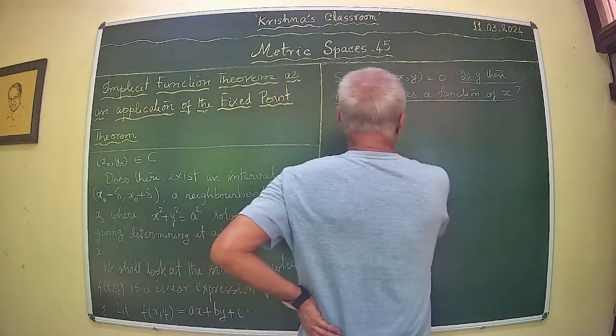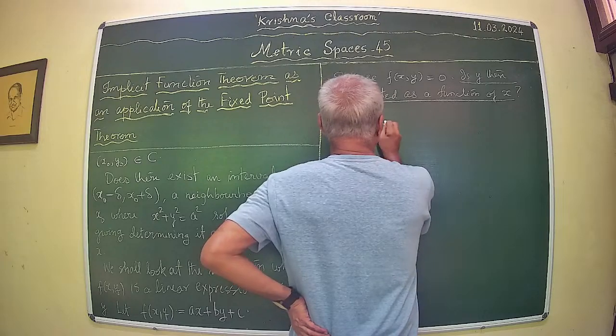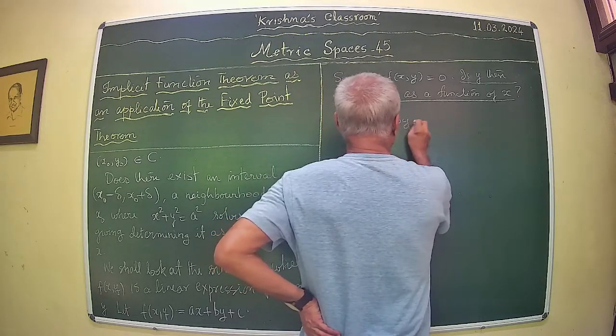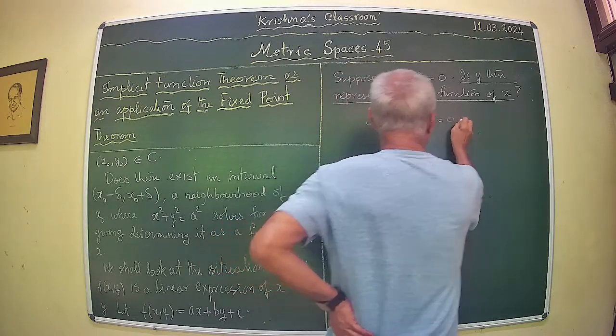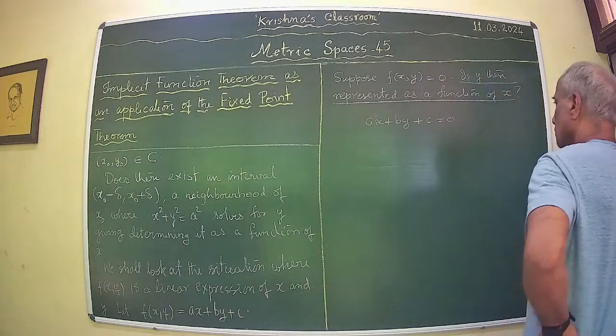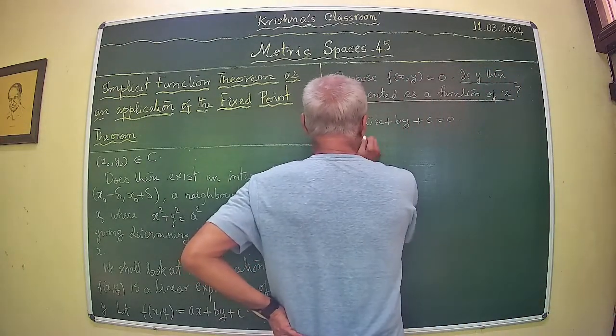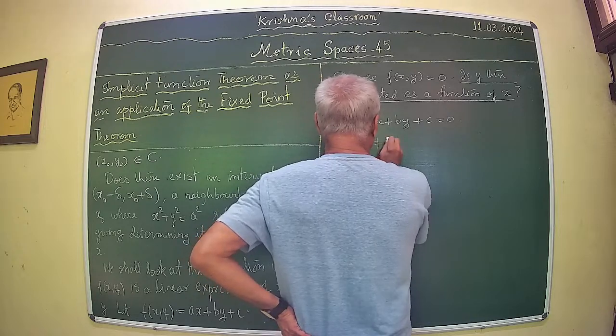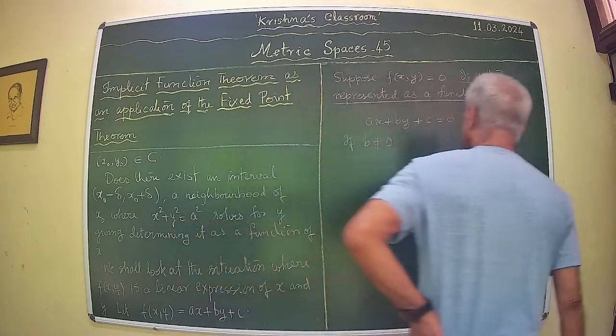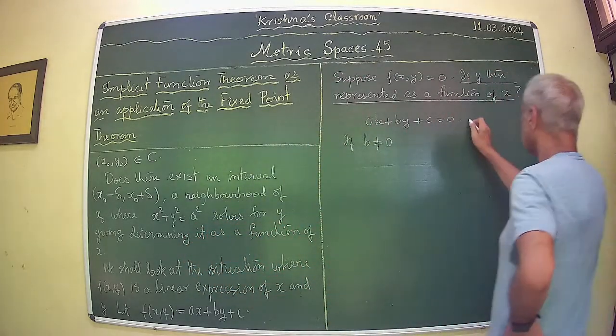Here you see that you have ax plus by plus c equal to 0. Then you see that if b is not equal to 0, a and b are constants.